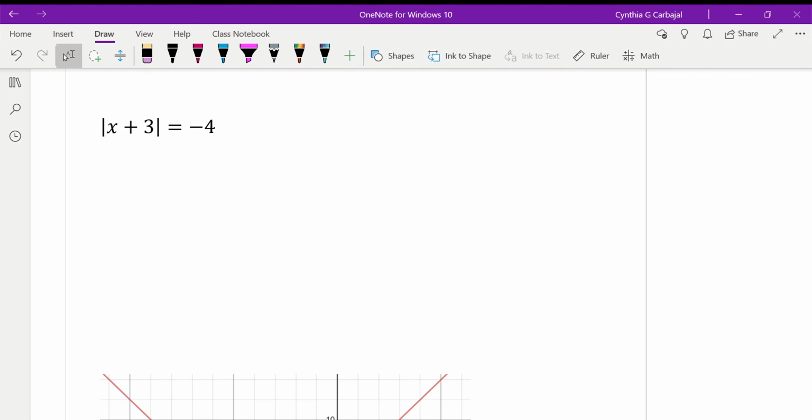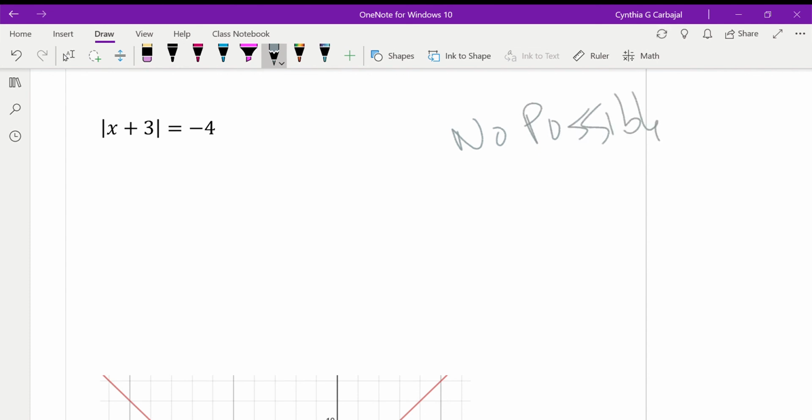Okay, this one right here, very similar to the last example, but it's set equal to a negative 4. So, if I actually wanted to solve it, I couldn't. It's not possible to solve, but I can graph it for sure. Remember, if I want to graph it, I have to move all my numbers to the other side.